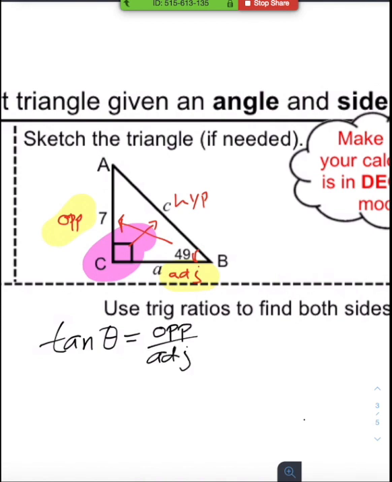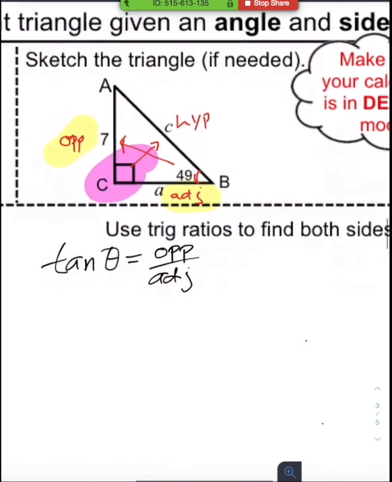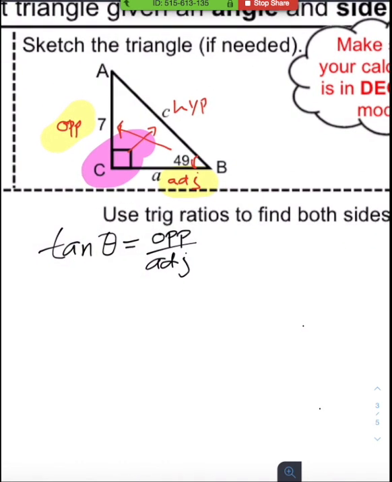Now we just plug this in, substituting all the numbers into our equation. So tangent of 49 has to equal the opposite, which is 7, over the adjacent, which is our letter A.